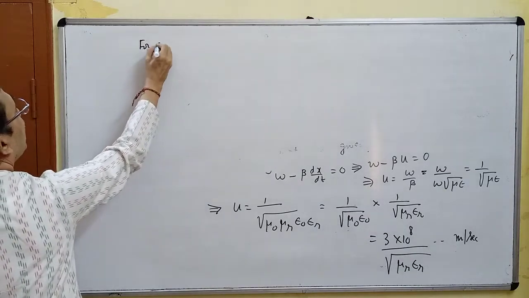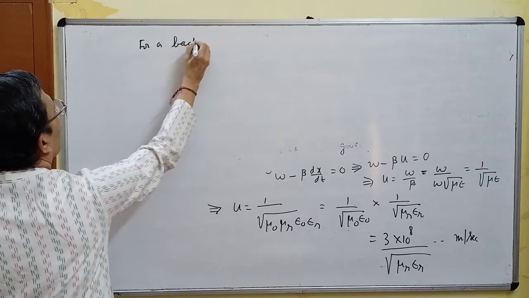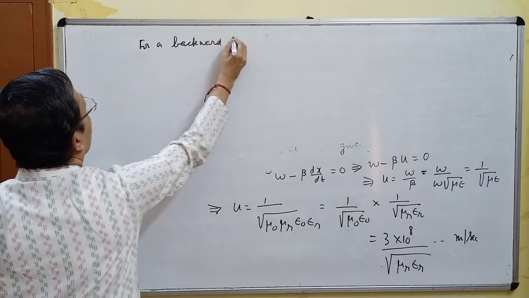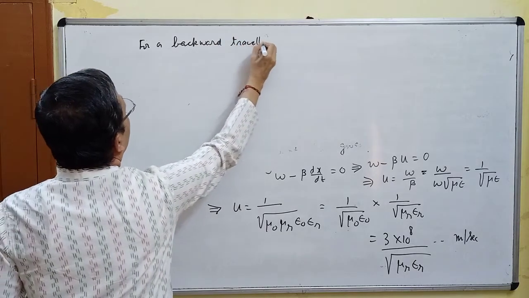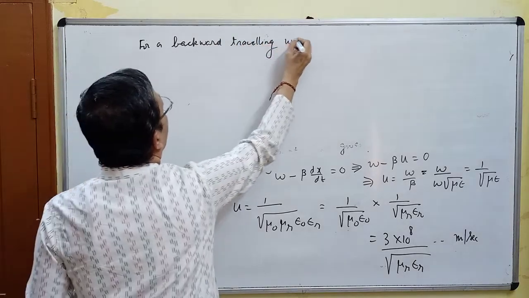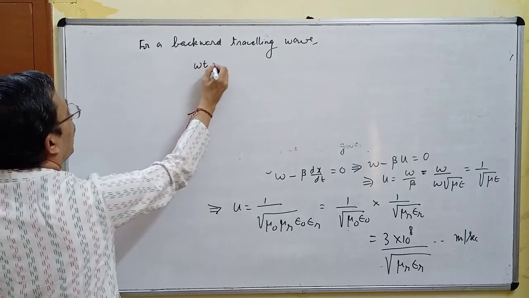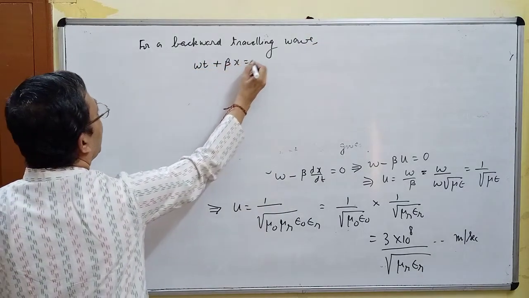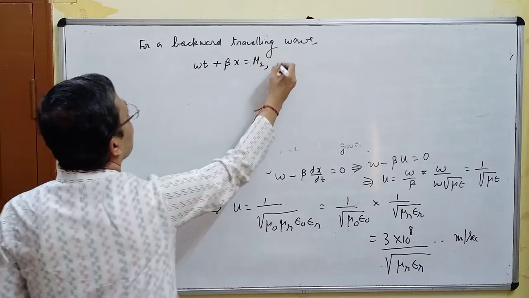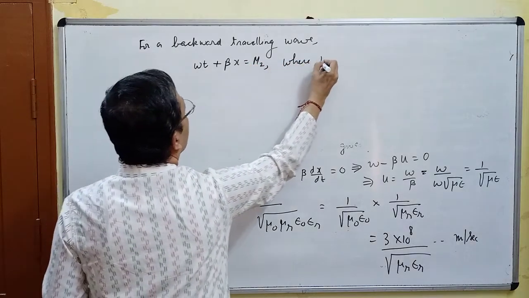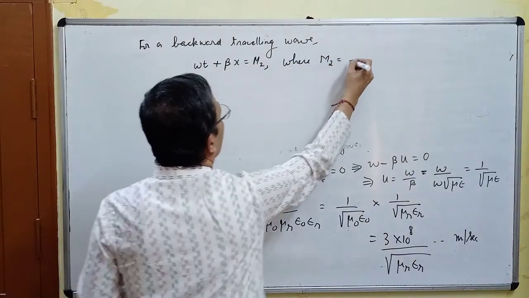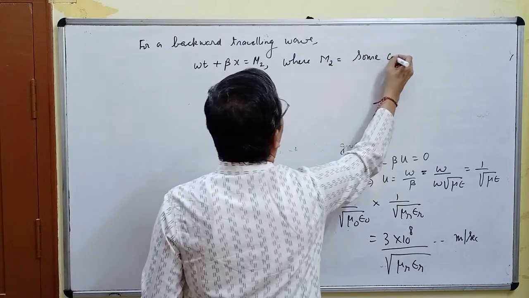For a backward traveling wave, omega t plus beta x is equal to m2, where m2 equals some constant.